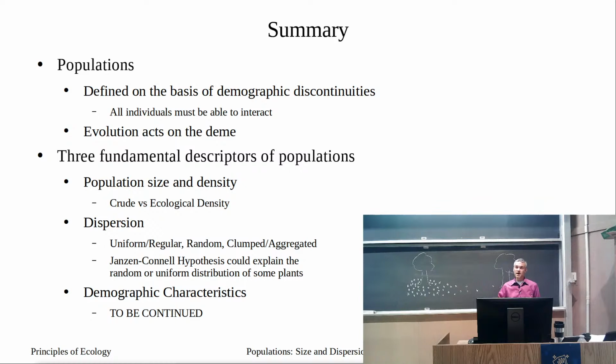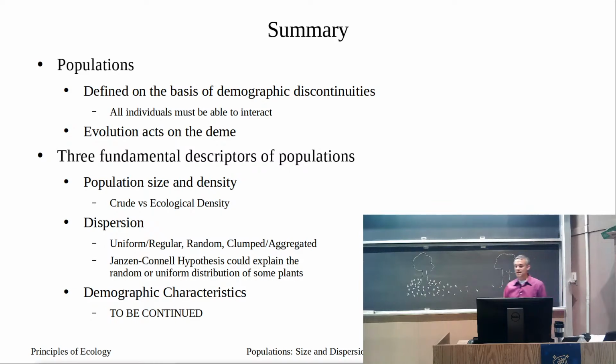So changes in our populations, changes in maybe a birth rate or a growth rate or mortality rates, all of those things. The key for us is to make sure we have an area defined where all of our individuals can interact. They don't have to randomly mate with each other, they just have to be able to interact. That forms the basis of our ecological populations.